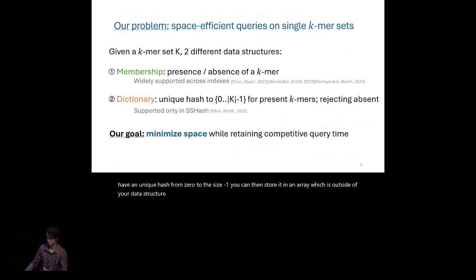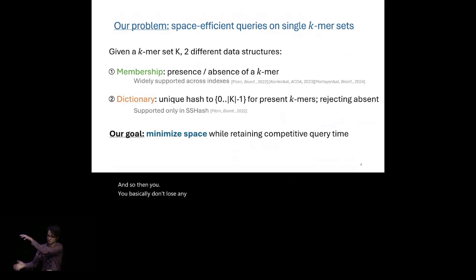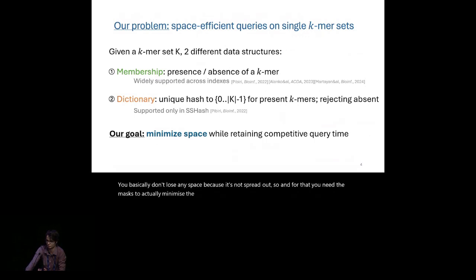And so then you basically don't lose any space because it's not spread out. And for that you need the masks to actually minimize the number of ones, because otherwise you wouldn't get this property. And it does worsen a bit the compressive properties of the mask, but not by a large extent. It's very small, tiny, I would say. I don't know if this answers your question.